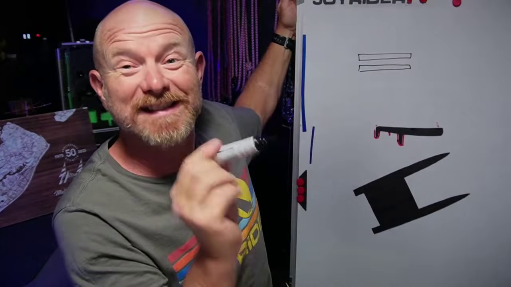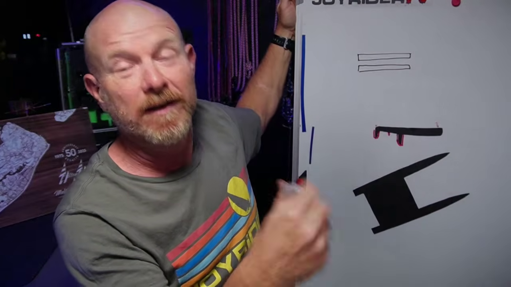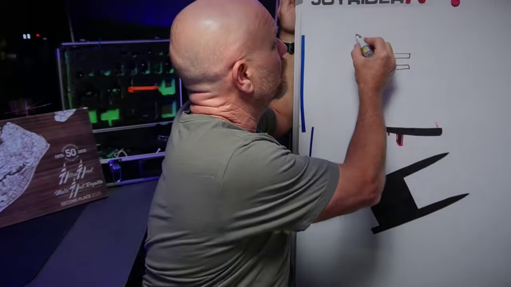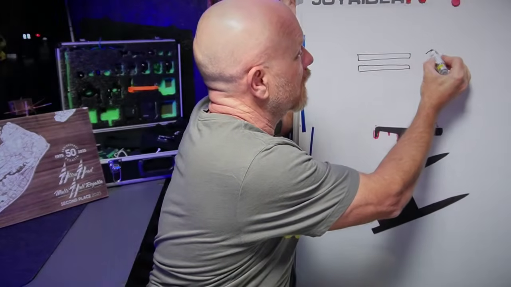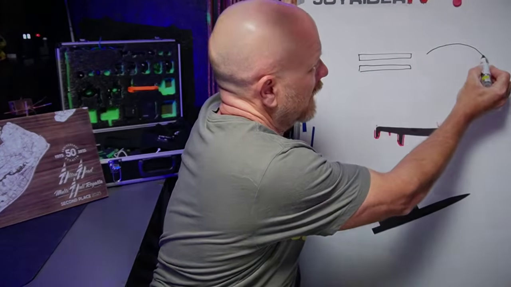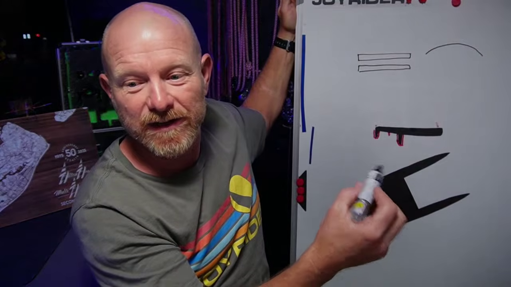With a uniform batten, like a standard Hobie 16 batten, that is a good example, the bend in the sail, the curve in the sail is going to be as standard like this.